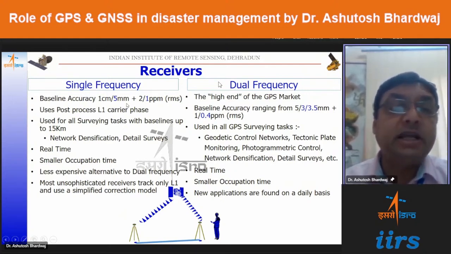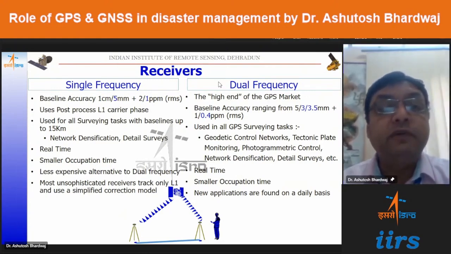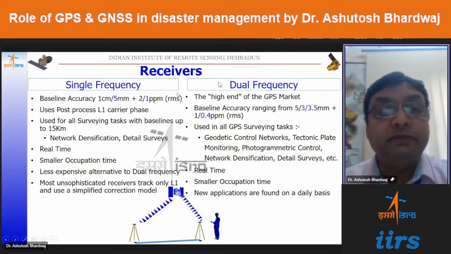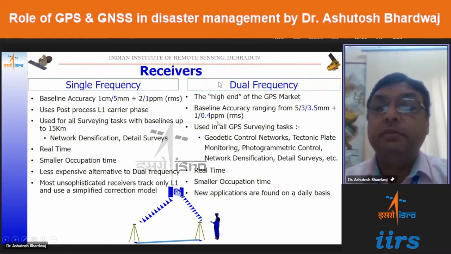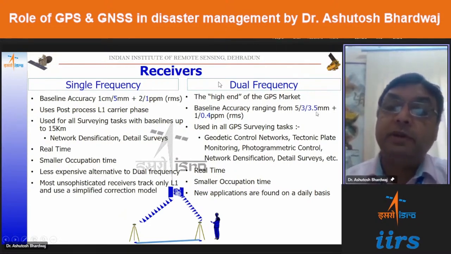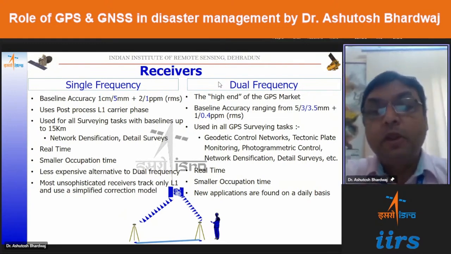However, the latest systems have the capability of giving accuracy of the order of 5 millimeter plus 1 ppm in case of single frequency, and of the order of 3 millimeter plus 0.4 ppm in horizontal and 3.5 millimeter plus 0.4 ppm in vertical, if we are using dual frequency or multi-frequency.